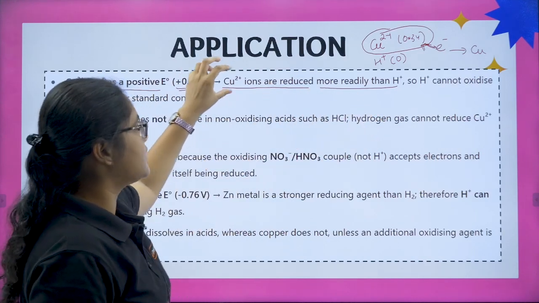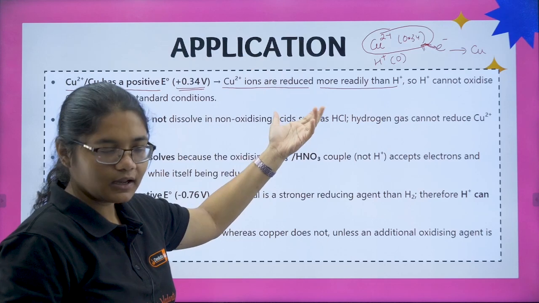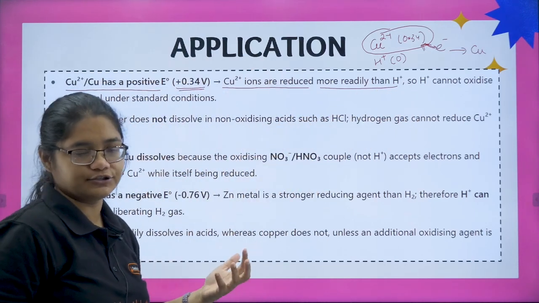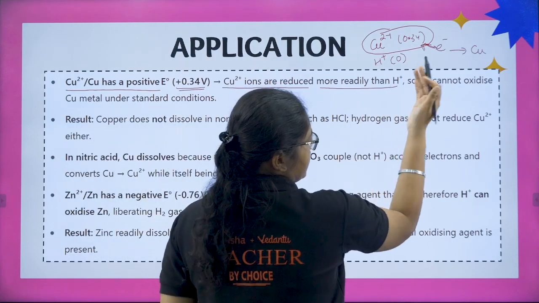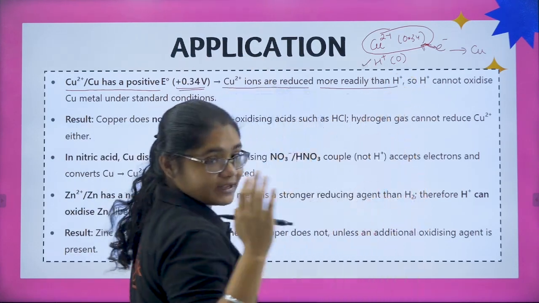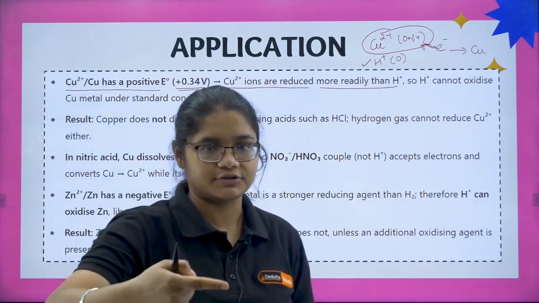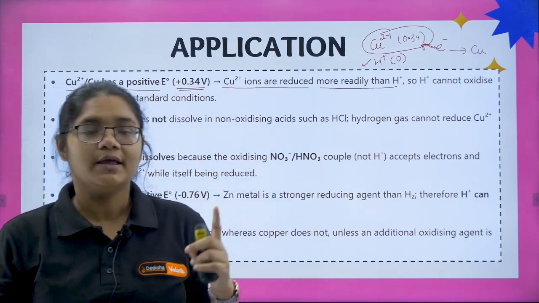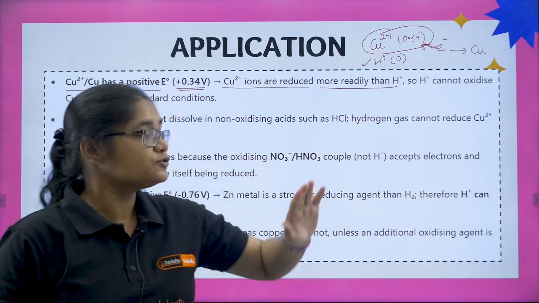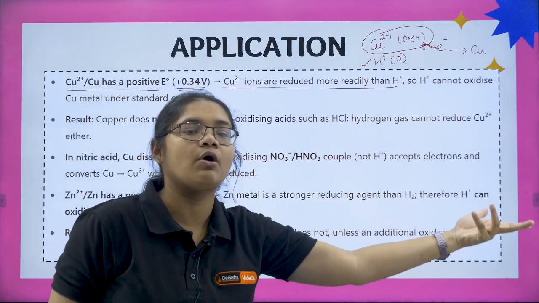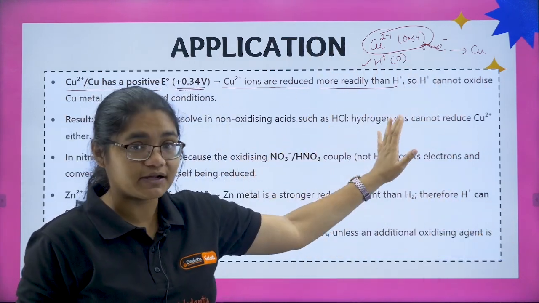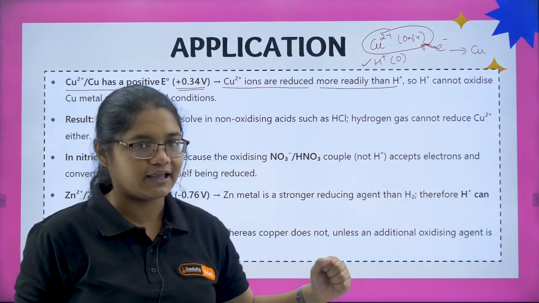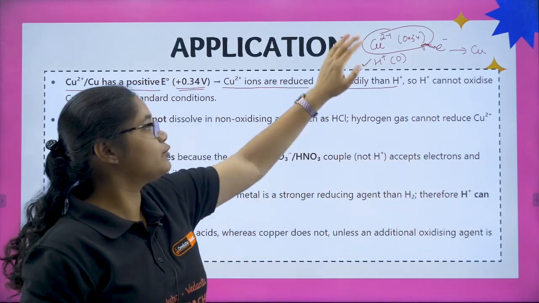Since copper ions are undergoing reduction, H plus cannot oxidize copper metal under standard conditions. If H plus had undergone reduction, it would have behaved as an oxidizing agent, because the species which undergoes reduction behaves as an oxidizing agent, and it would have been able to oxidize copper.